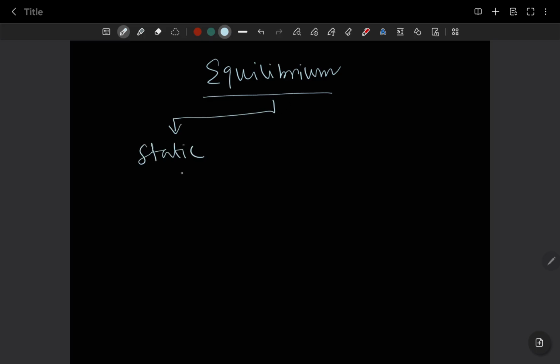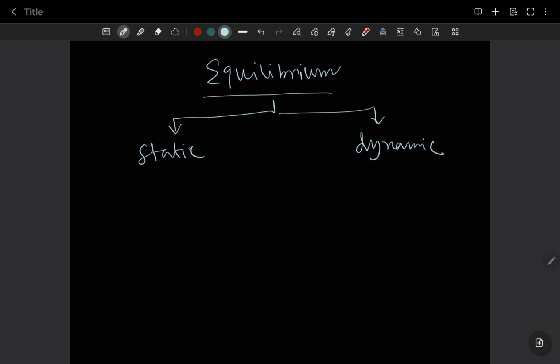In this class, let us discuss equilibrium. Equilibrium is of two types: one is static equilibrium and the other is dynamic equilibrium.